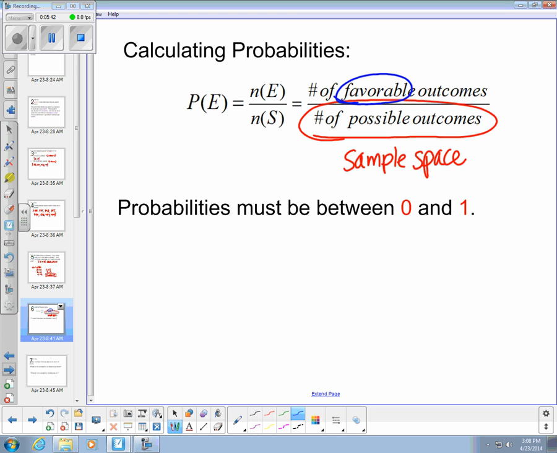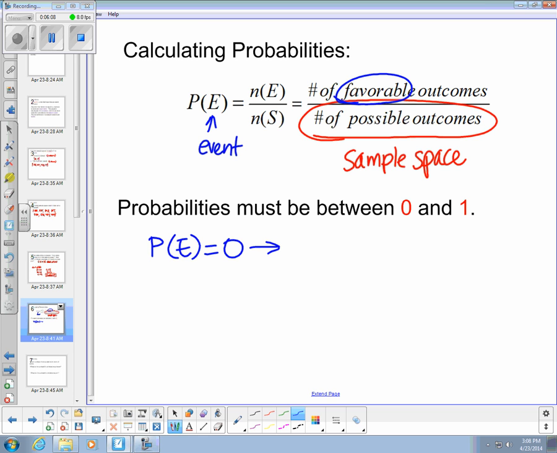Okay, so probability of an event is the total number of outcomes on the bottom and the number of ways that you want it to turn out on the top. All probabilities are between 0 and 1. Okay, it has to go somewhere from 0 to 1. If the probability of an event equals 0, what does that mean?